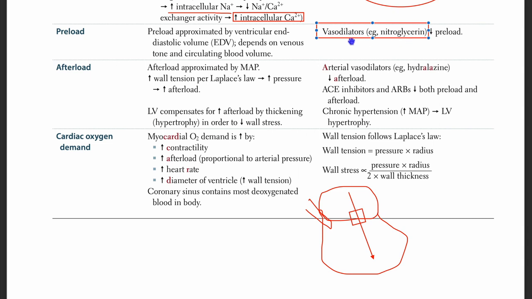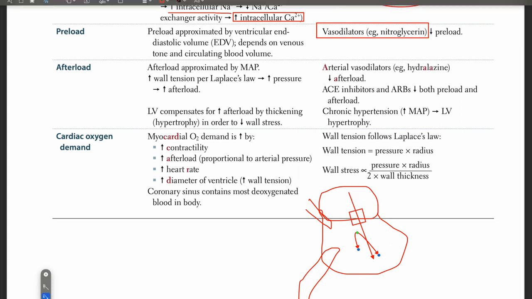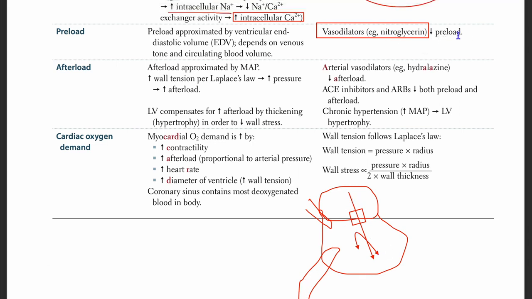So when it starts pooling there, what's going to happen to the venous return into the inferior vena cava, right? Just imagine this right atrium, this whole thing. This is going to decrease, because now it's pooling in the veins. So if the blood coming in is decreased, it's going to decrease your preload, right?